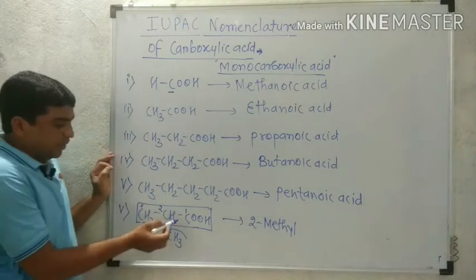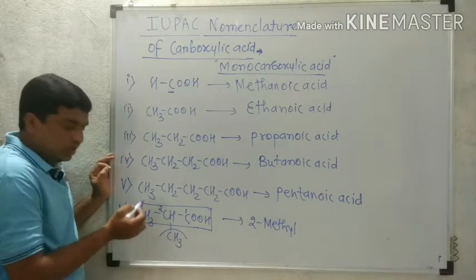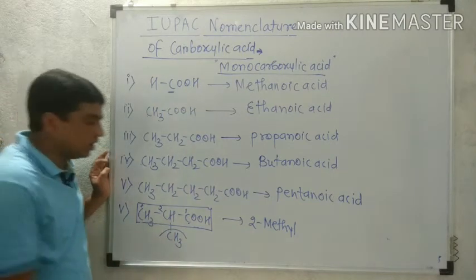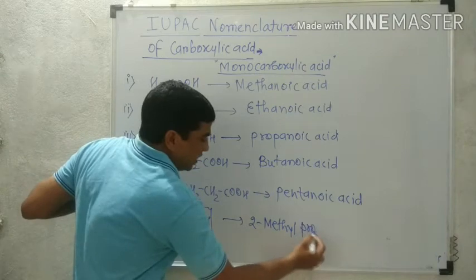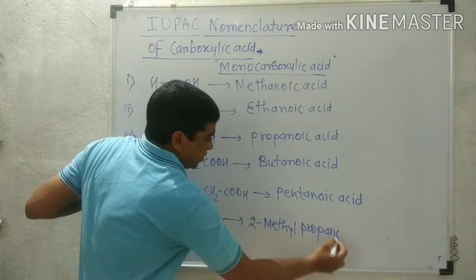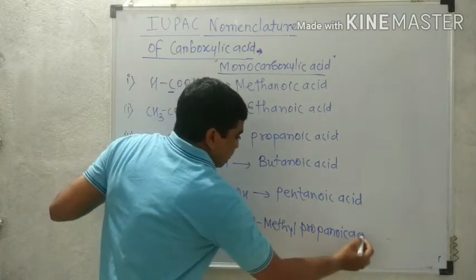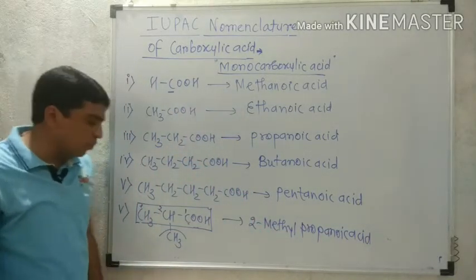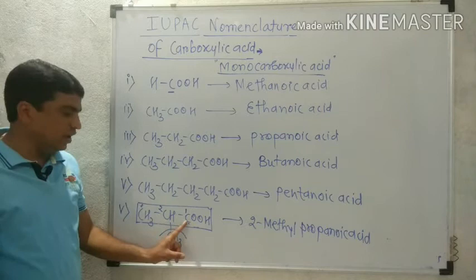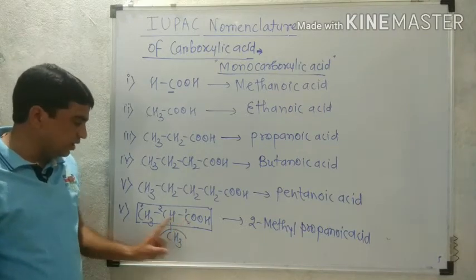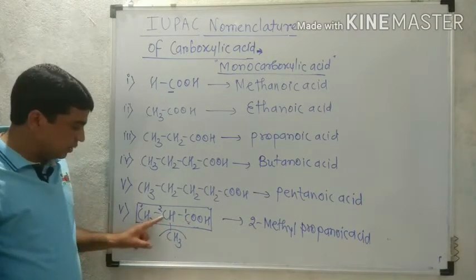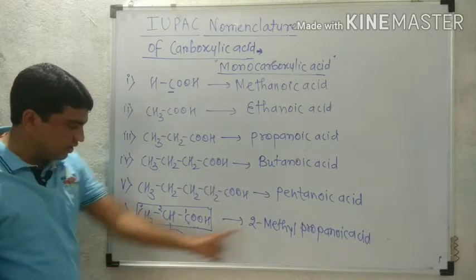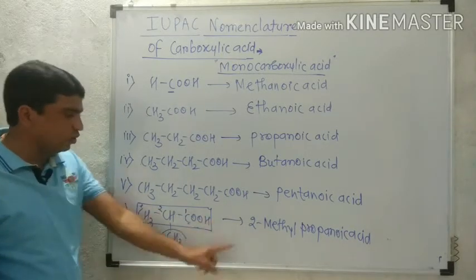And how many carbons remain? 1, 2, 3. Three carbons, alkanoic, propanoic acid. So the complete name is 2-methylpropanoic acid. How is it 2-methylpropanoic acid? The carbonyl carbon is always first, this is second, this is third. By mentioning the position of CH3, that is methyl at the second carbon, 2-methyl.